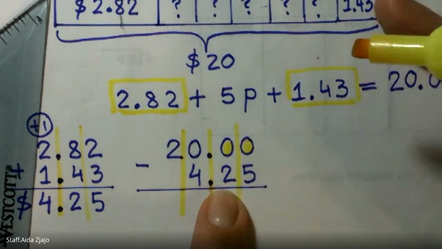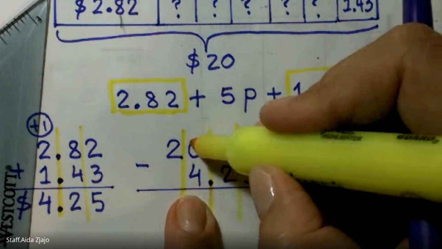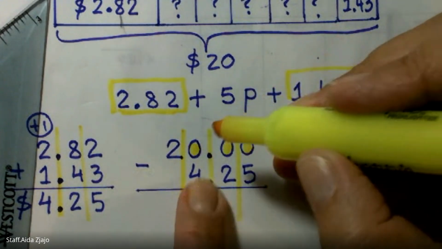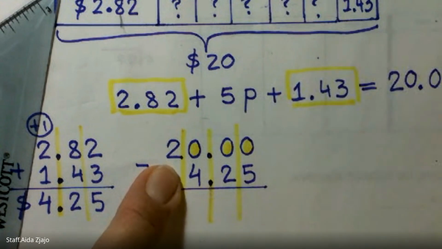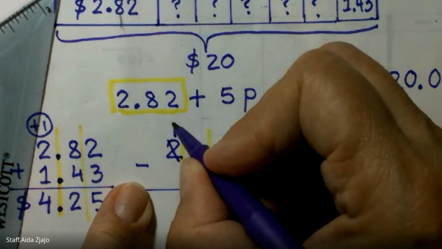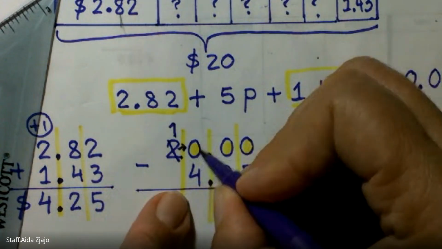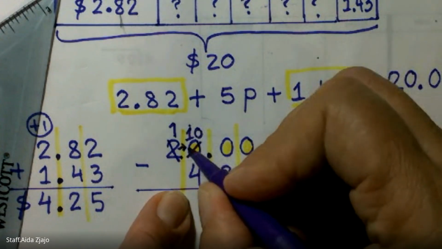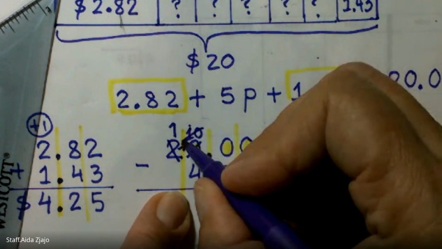If I need to give somebody 2 dimes and I have 0, it doesn't work. If I need to give 4 ones and I have 0, all I have is two $10 bills. So I need to regroup that, and I will have only one $10 left. When I move the 10 into the ones place, that gives me 10 ones. But I still don't have these, so I have to keep regrouping.